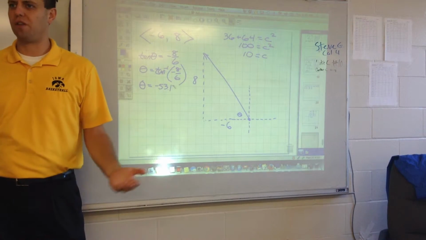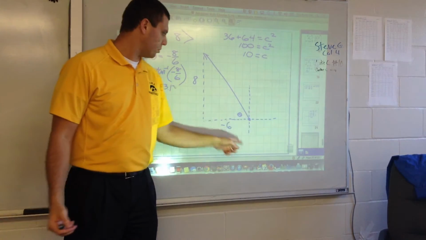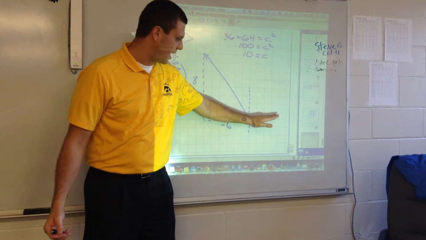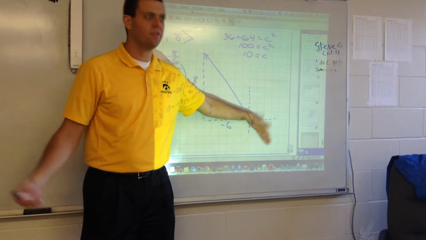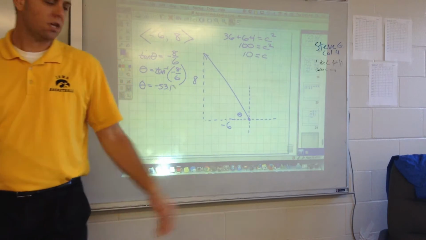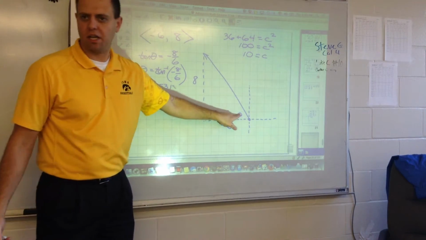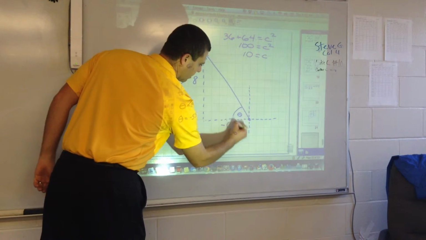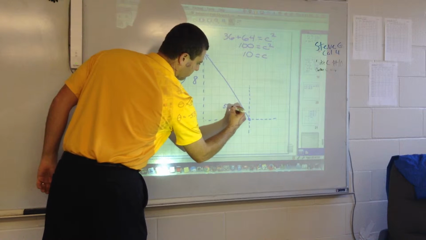Well, we can ignore the negative sign, because we're really just trying to figure out what that reference angle is. And what's the reference angle of a negative 53.1 degree angle? 53.1 degrees. So this angle right here is 53.1 degrees.